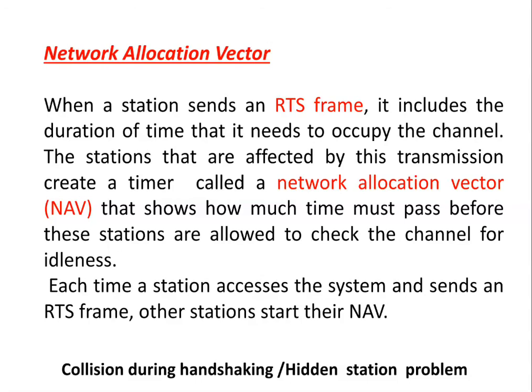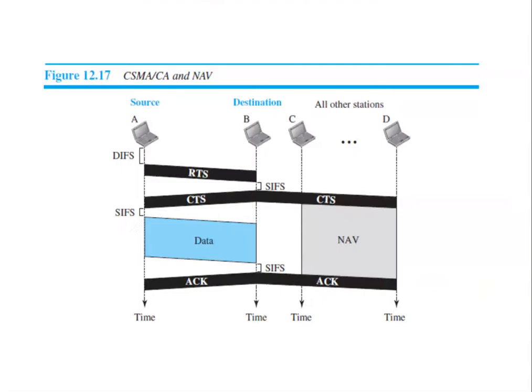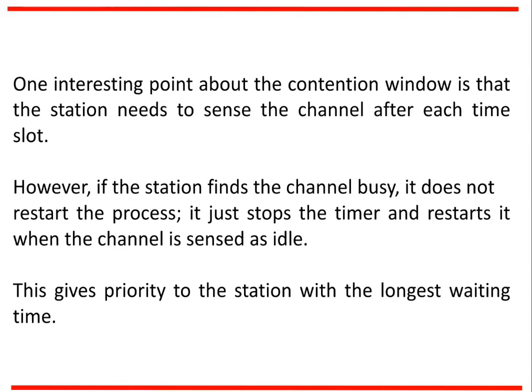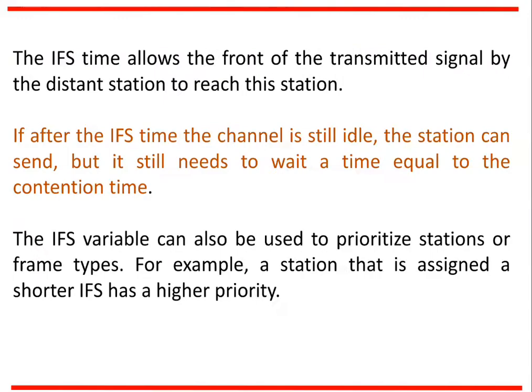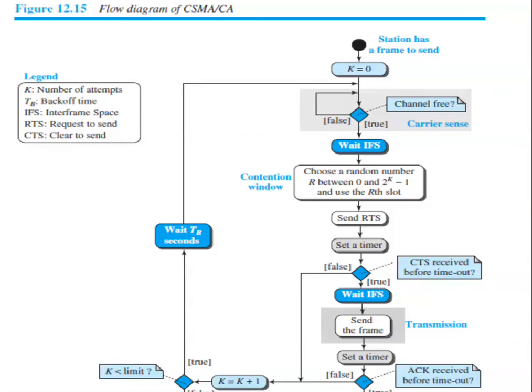Collisions are avoided here by setting up a network allocation vector, which is a timer, and also by having the interframe space and the contention window. So collisions will be avoided, which you can see in the flow diagram.